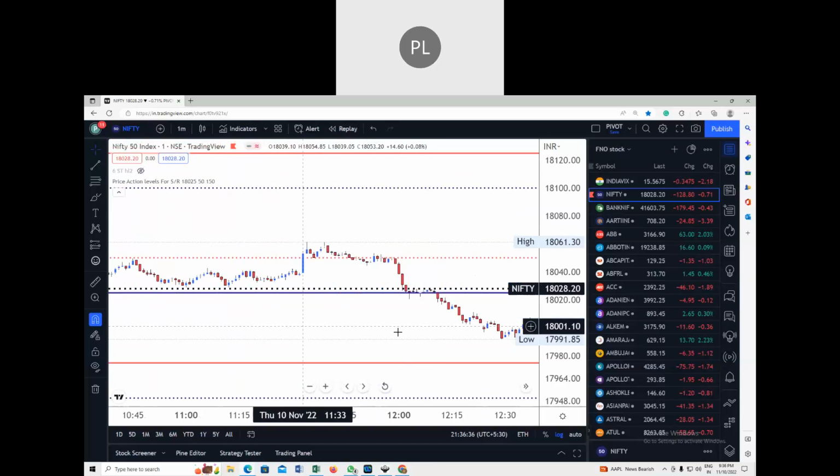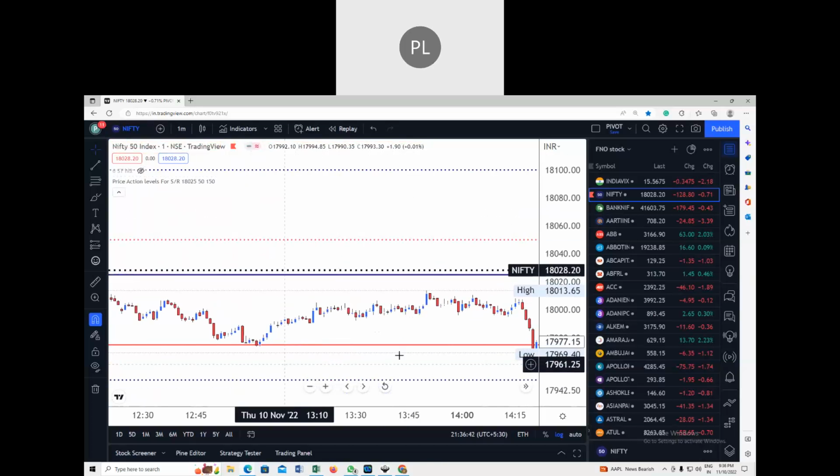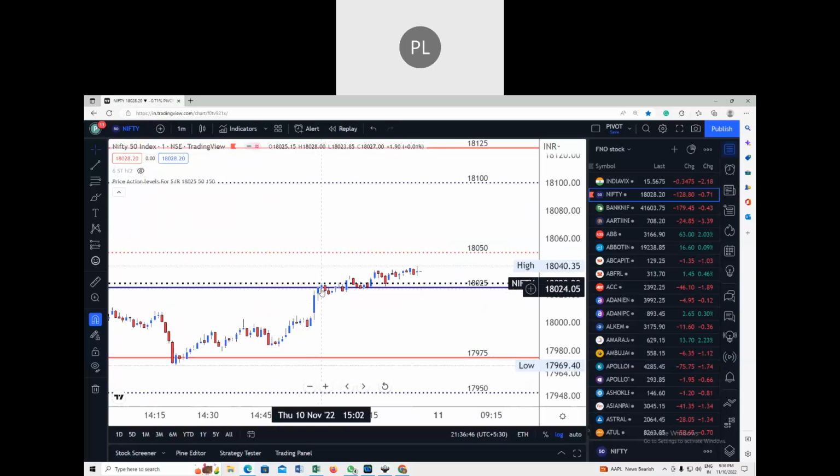Then it remained over that for a longer period. At around 1 o'clock, stop loss was hit. You would have gone short here, and then the stop loss was again hit, but we would have exited at 3 o'clock, and the 3 o'clock price was 18019.79. So it is very close to your stop loss.